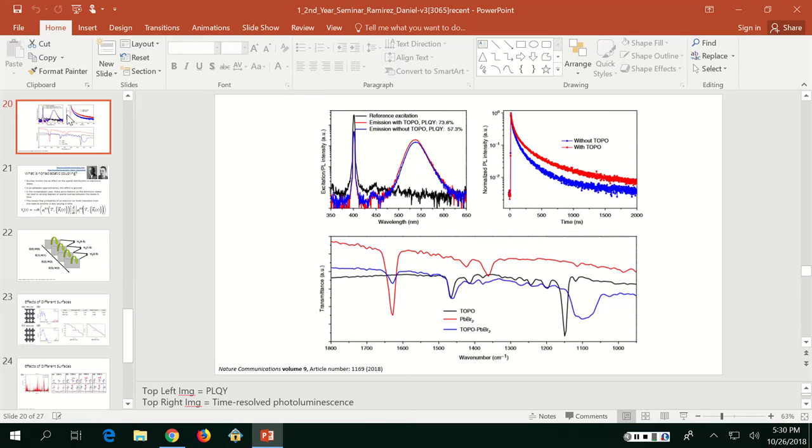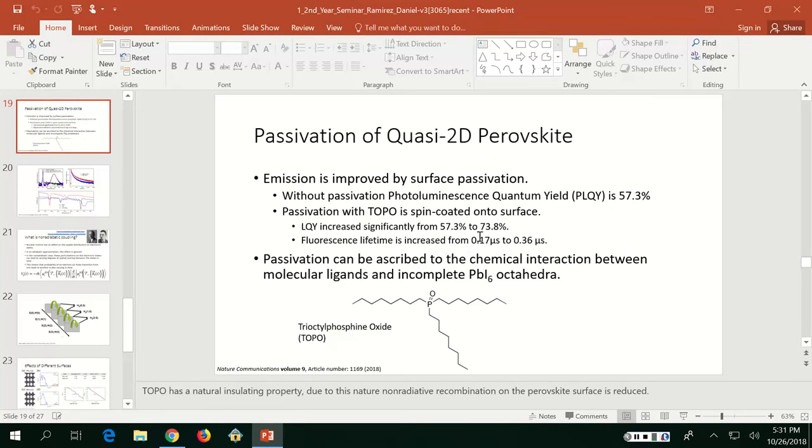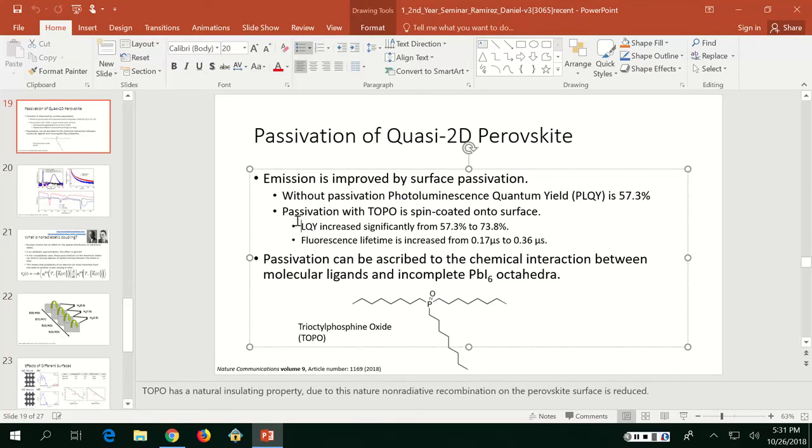Like, I don't know who's in the audience for yours, but that's kind of a general trend. You have a longer experimental lifetime, and it corresponds to higher quantum yields. Well, I guess I did also mention that too, didn't I? Oh, I forgot the P, but anyways, right there the fluorescence increased by double. Basically, a little bit over double.